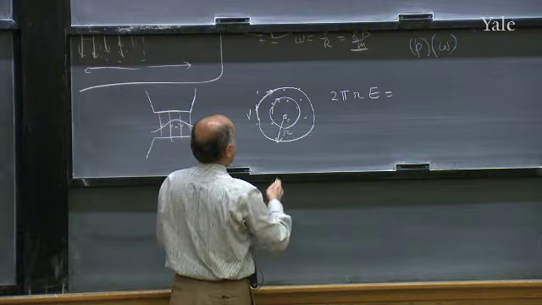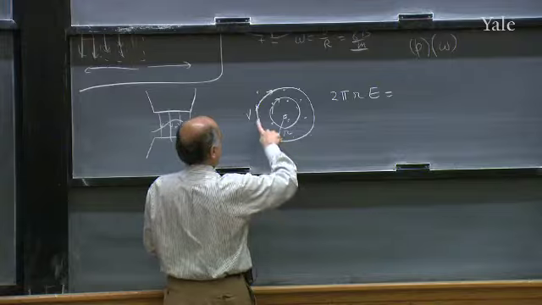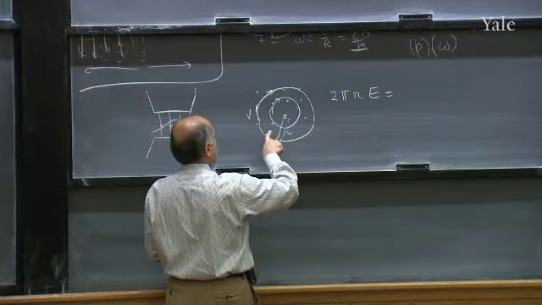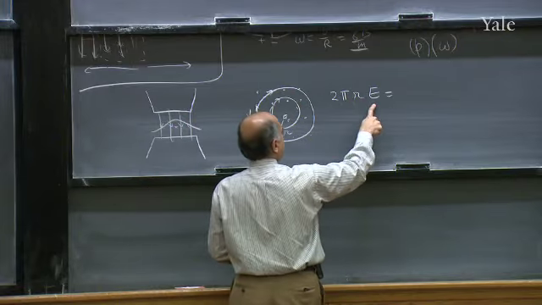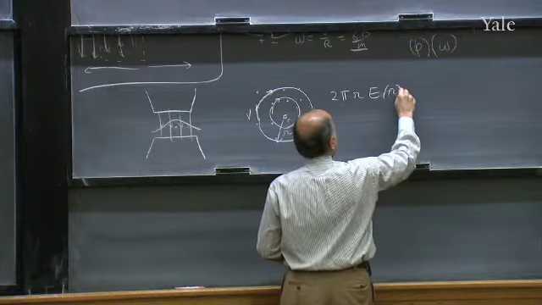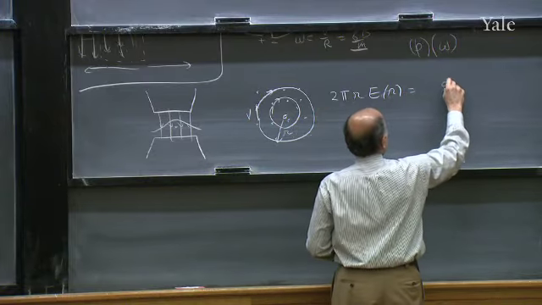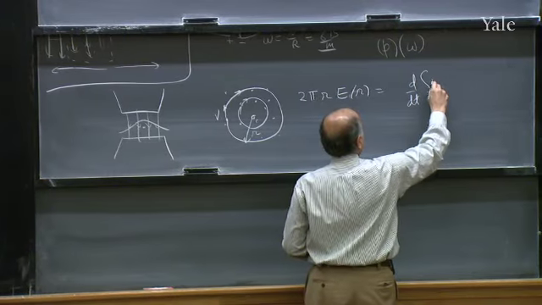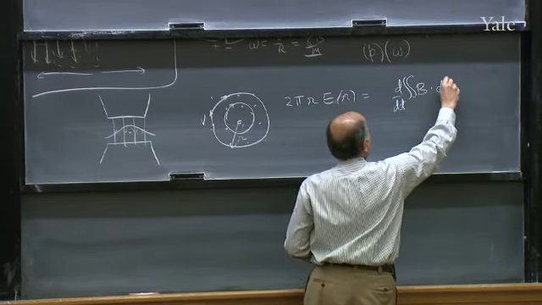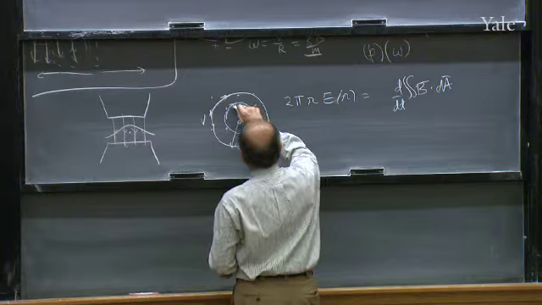How big is the field? Well, the field is constant on a circle of radius r. It's pointing azimuthally. So its line integral is just 2 pi r times E at r. That's going to be equal to, forget the minus sign, d by dt of the integral of B dot dA inside that circle.